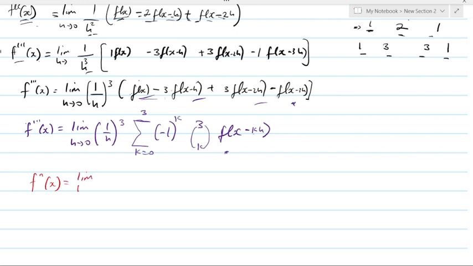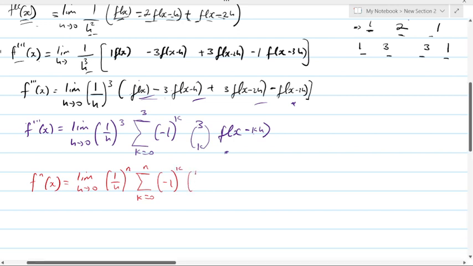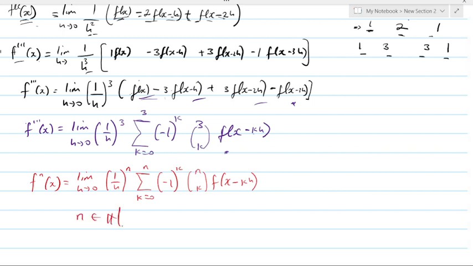We have the limit as h tends to 0 of 1 over h to the n, summation k equals 0 to n, minus 1 to the k, n combination k, and f of x minus k h. Okay, where our n is a positive integer.